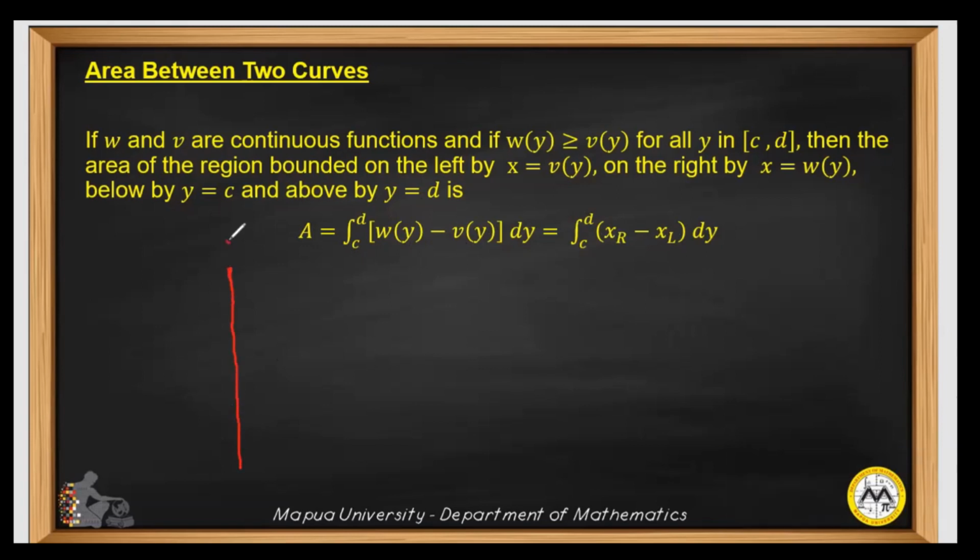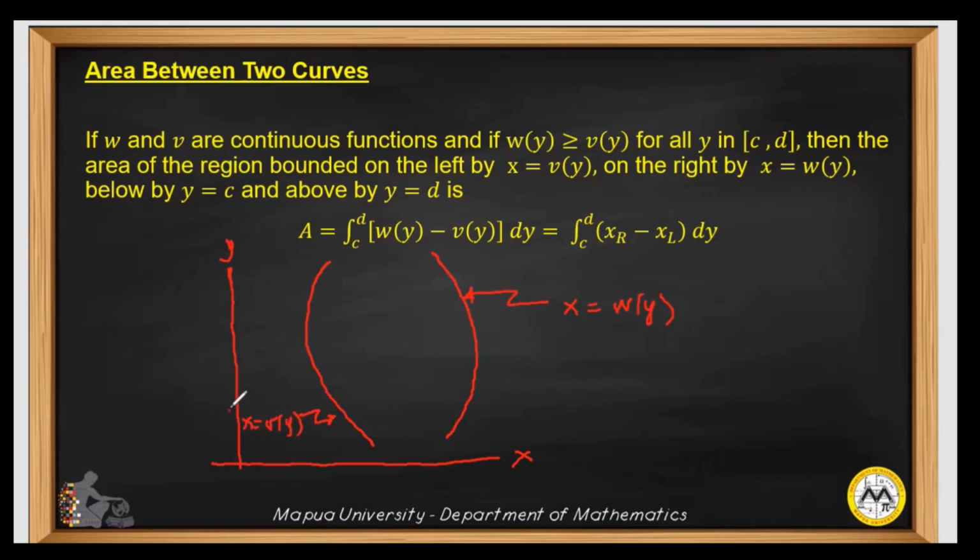Now, if we look at this in the rectangular plane, let us draw the y-axis and let us have this as the x-axis. This time, we will consider this curve on the right and let this be the function x is equal to w of y. And we will consider another curve here on the left, and let this be x is equal to v of y.